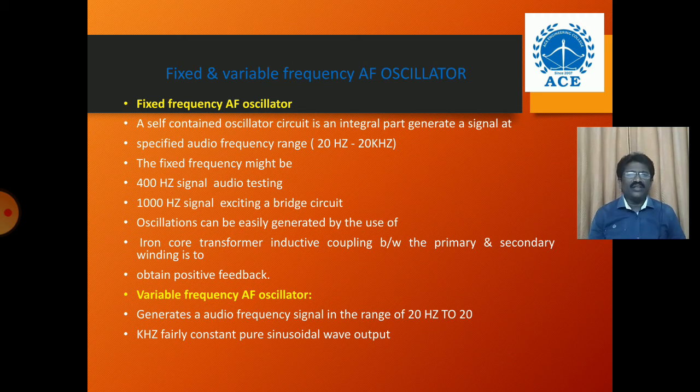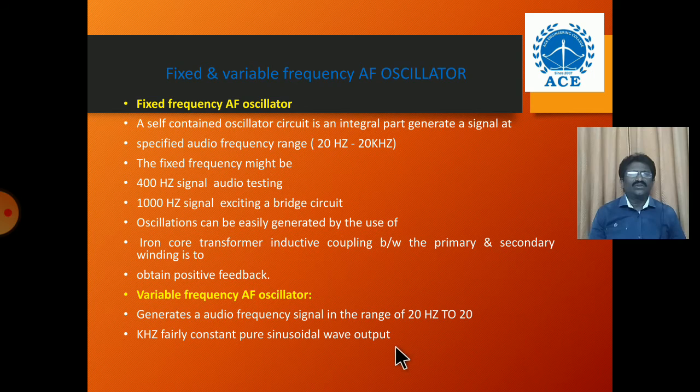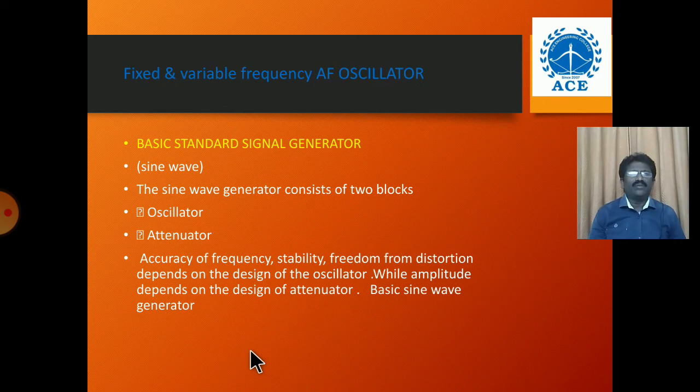Next, the variable frequency AF oscillator generates an audio frequency signal in the range of 20 Hz to 20 kHz, with a fairly constant, pure sinusoidal wave output. Now with the help of the basic standard signal generator you can understand fixed and variable frequency AF oscillators.